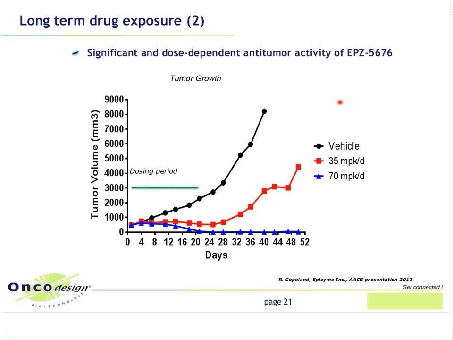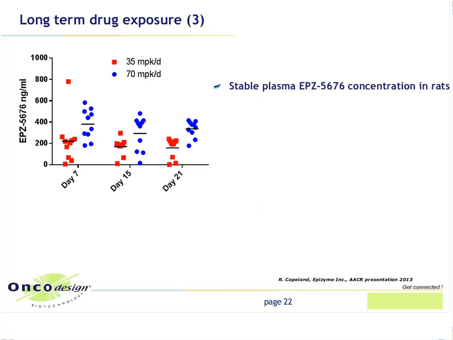And to complete the pharmacodynamic data, we collected the rats every week to check the drug concentration in plasma. Here is summarized in this figure, where we observe that the drug concentration over the time was quite stable at both doses of 35 and 70 mg/kg by day.